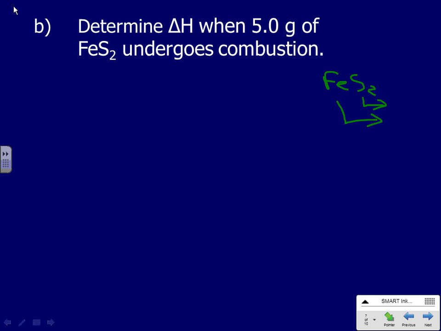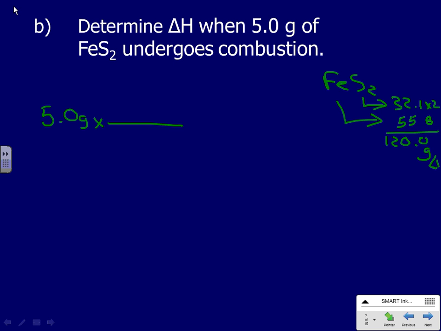FeS2. 32.1 for the S and 55.8. 32.1 times 2, 55.8. 120. 120 grams per mole.